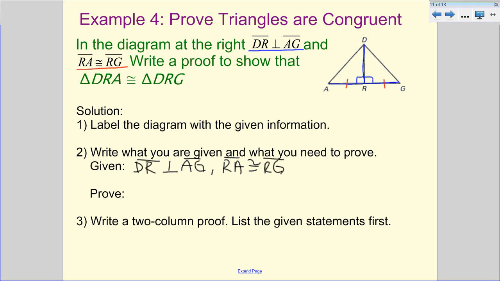What this means is that these two statements, even though I drew them into my diagram, I have to make them written in my two-column proof. And then what I'm trying to prove is triangle DRA is congruent to triangle DRG. I know that this is now going to be my last statement. So what we're going to do is write the two-column proof and list the given statements first.